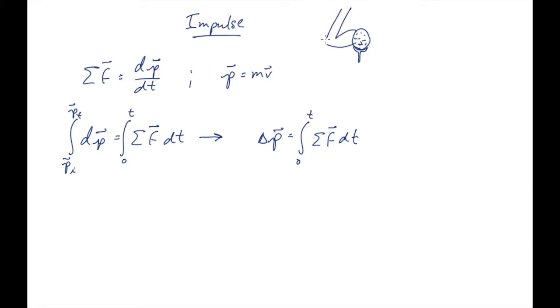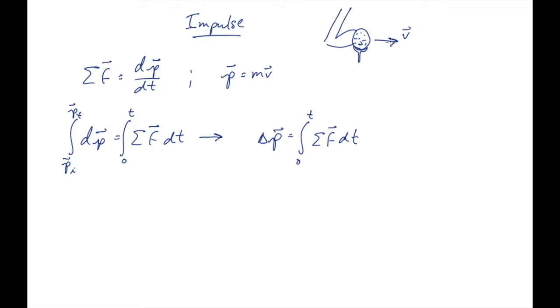So there's the golf club that comes in, and they hit this thing, and the golf ball goes flying off at some velocity. So the problem might give us the mass of the golf ball, and it might tell us how long the club is in contact with the ball, and it might tell us what the final speed is, and we could be asked to find the force that the club exerted on the ball.